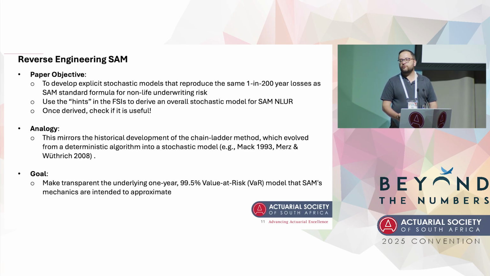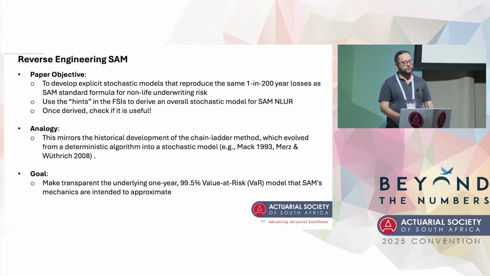Once you've got a model, what's also fun to do is check if it's useful for anything. And what we'll try to do is verify that at least some of the empirical properties of this SAM stochastic model look sensible and potentially indicate that it could be used for things like Pillar 2, whether it's your ORSA or stress testing or cost of capital, any of those other good things that people build internal models for. We're going to draw an analogy to the development of the chain ladder algorithm.